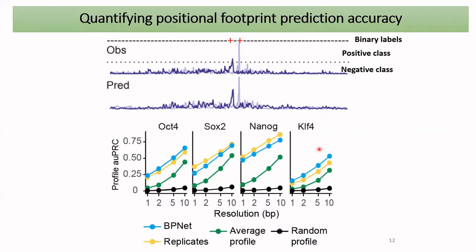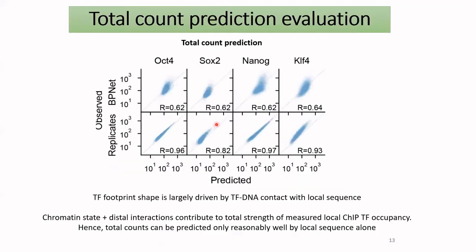This is, of course, just a measure of positional precision or similarity of the shapes of the profiles. You could use other metrics too, like Jensen-Shannon distance and so forth, which we've done. But an equally important prediction is also the total counts. Remember, we have 2 loss functions, one operating on the total counts and the other operating on the shapes of the profiles.